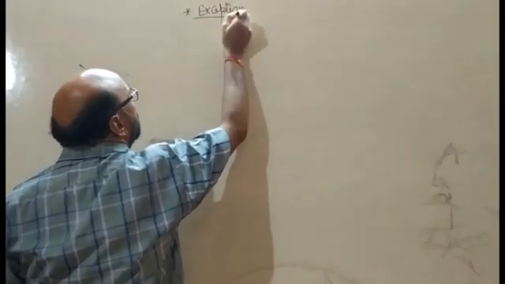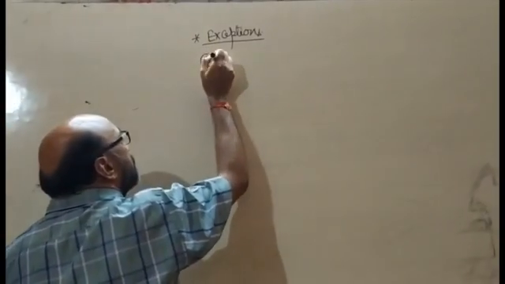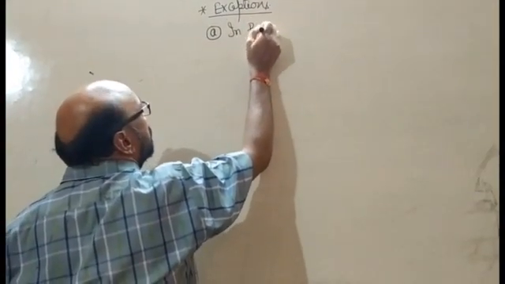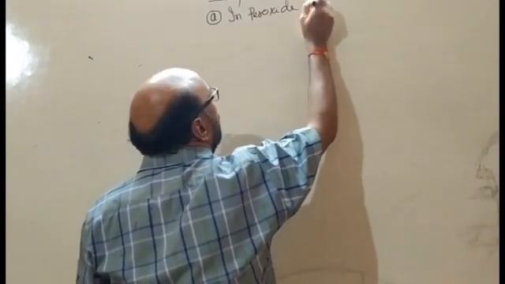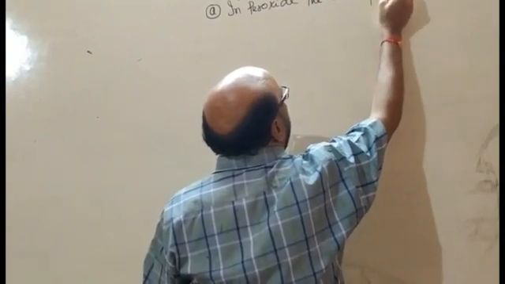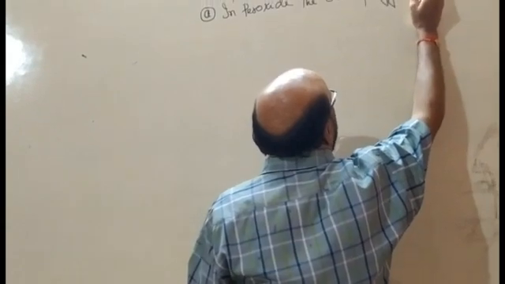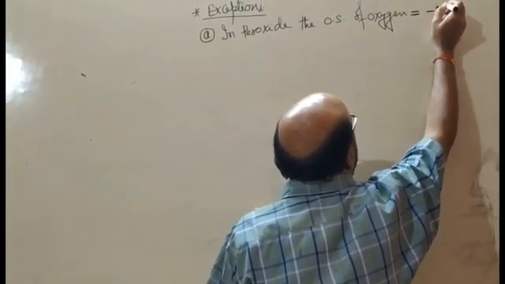Exceptions. The first exception is in peroxide. The oxidation state of oxygen is minus 1.